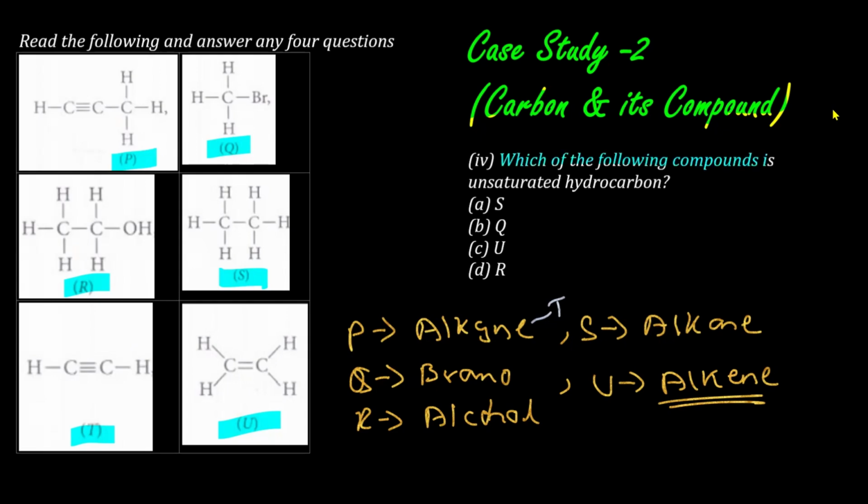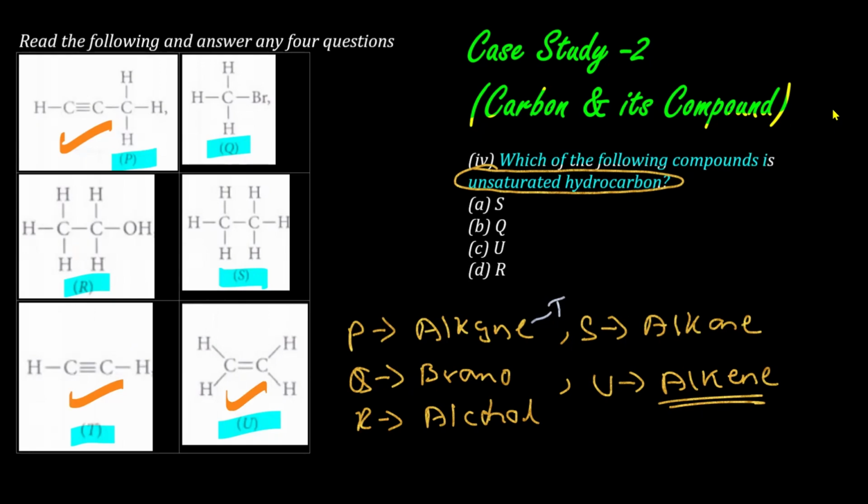Which of the following compounds are unsaturated? So what are unsaturated hydrocarbons? Compounds having one or more double or triple bonds between carbon-carbon atoms. You can check from the figure only. This has a double bond between carbon-carbon atoms, this, and this, and this. Even one or more than one double or triple bond.